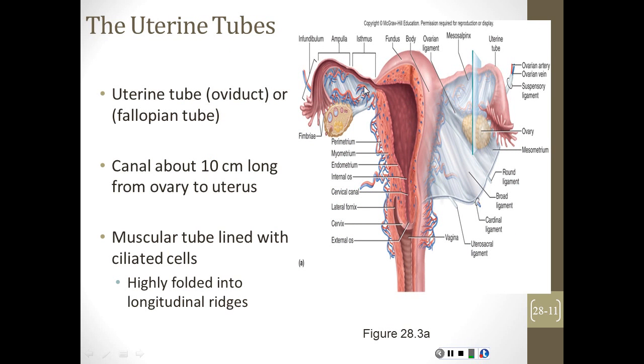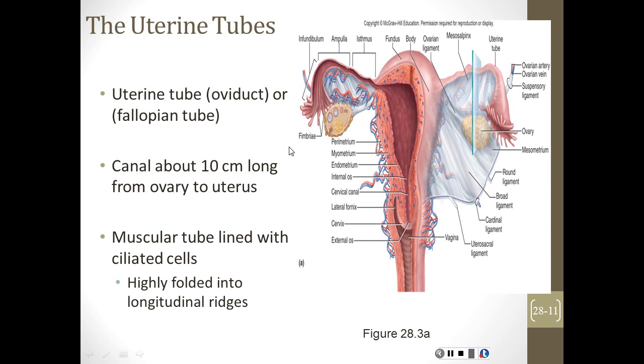At the distal or ovarian end, the uterine tube flares into a trumpet-shaped infundibulum. They look like little feathers, and these are called fimbriae.